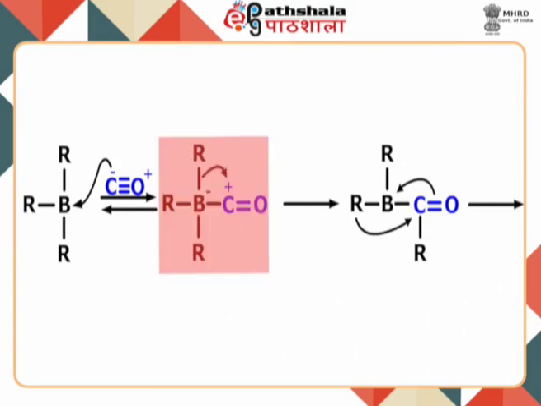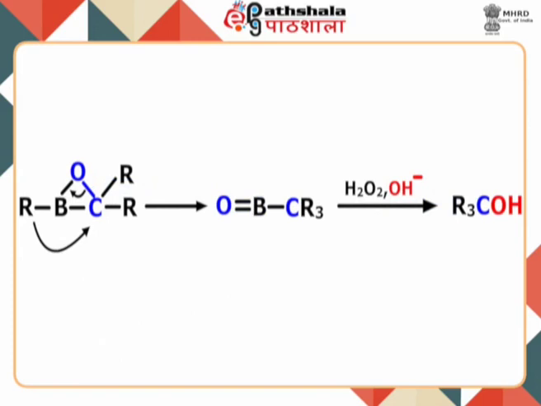In this adduct, this alkyl group gets migrated to the electron deficient carbon, and furthermore there is another alkyl group and rearrangement which happens, and it leads to the formation of this epoxide. Now, it is this epoxide which further undergoes rearrangement to give this boron oxide, and which further on treatment with H2O2 in the presence of alkaline medium will give the corresponding alcohol.